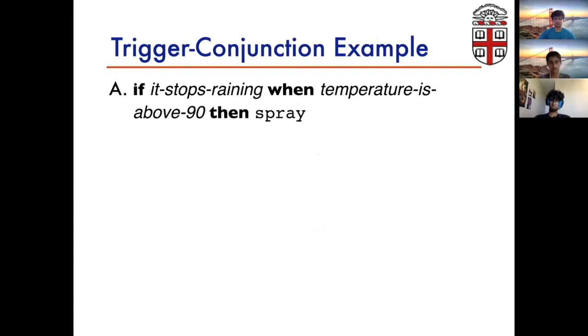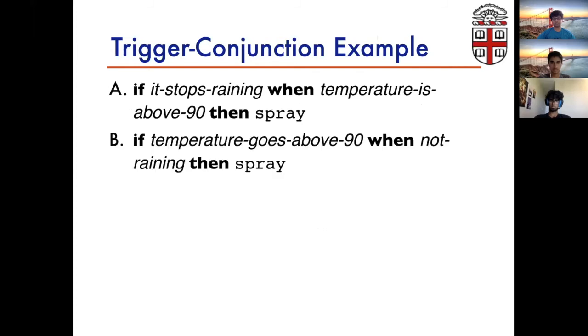And this "when" makes it a conjunction. We really want the two things to have happened. It has to have stopped raining and the temperature has to be above 90. If both of those are true, that's a conjunction, then spraying happens. So that's one rule. Here's another rule: if the temperature goes above 90 when it's not raining, then spray.